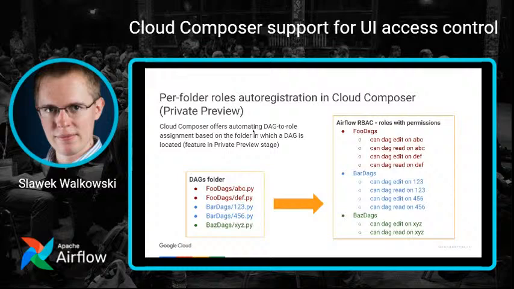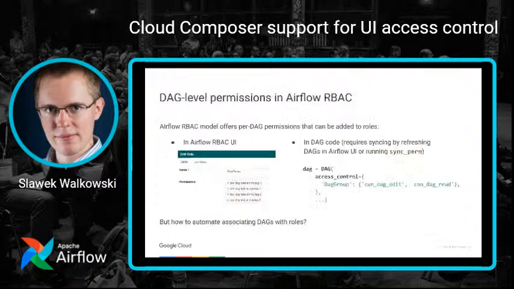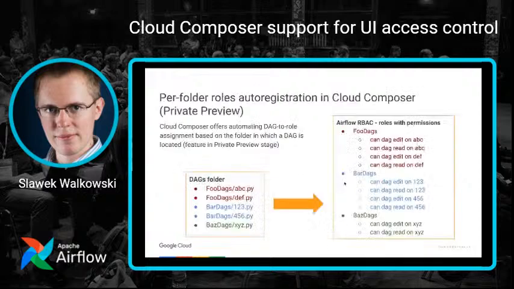We automate the DAG to role assignment, something that was previously done either in the UI or in DAG code, simply by the folder in which the DAG is located.